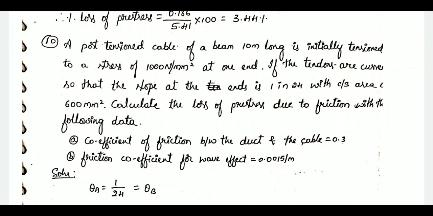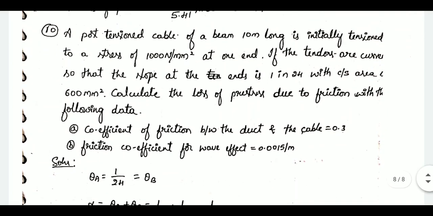If the tendons are curved so that the slope at the ends is 1 in 24 with cross section area of 600 mm square, calculate the loss of stress due to friction with the following data. Coefficient of friction between the duct and the cable is 0.3, it is the mu value. Friction coefficient for wave effect K is 0.0015 per meter.